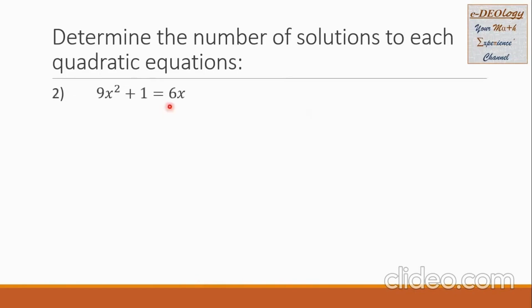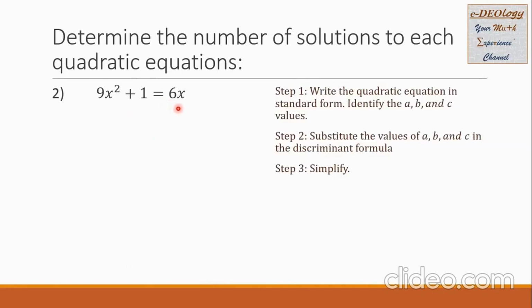Let's have example 2. 9x squared plus 1 equals 6x. First, let us write the quadratic equation in standard form. So this positive 6x on the right side of the equation is transposed to the left side, and the sign is changed.